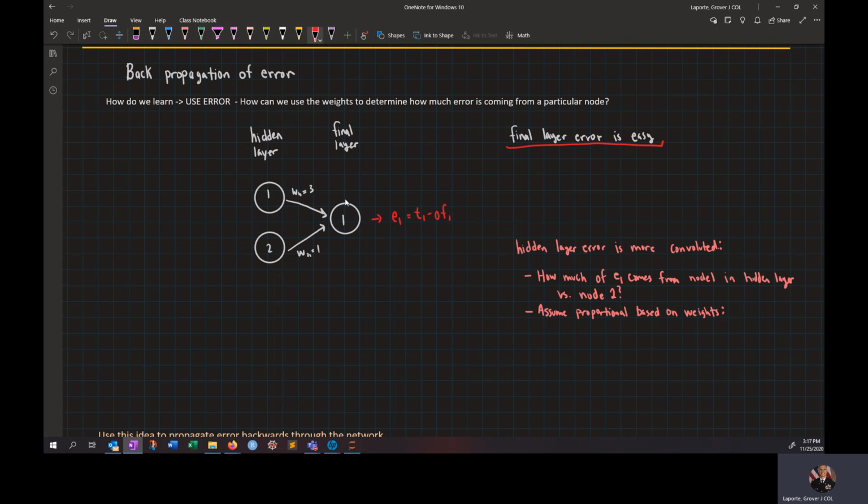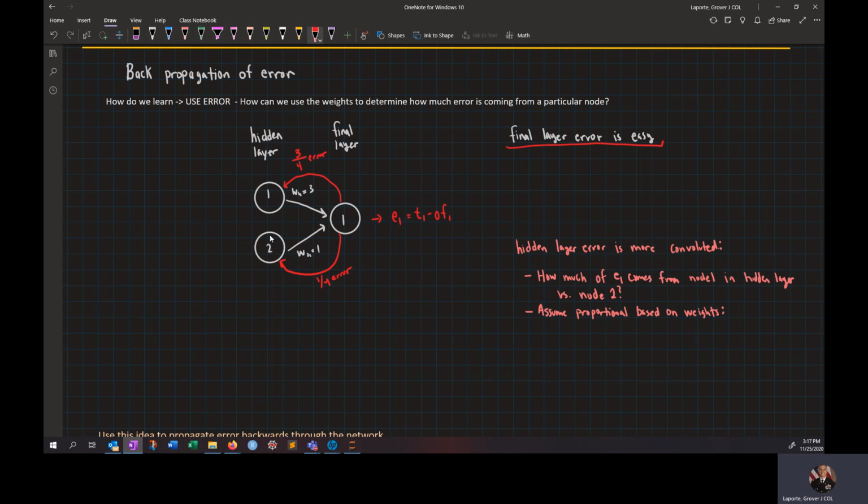For whatever error sits in this node, if I'm going to propagate this back towards the hidden layer, then 3 out of 3 plus 1, which is 4. So 3/4 of the error comes from this previous node, and only 1/4 of the error comes from this one. But just understand that that's sort of the argument.